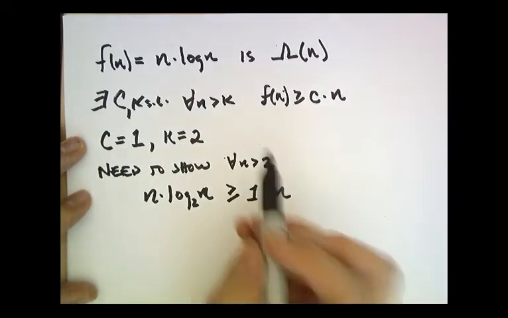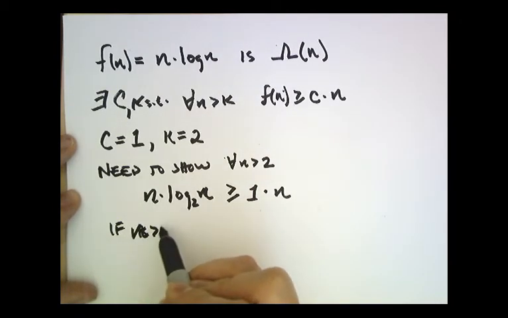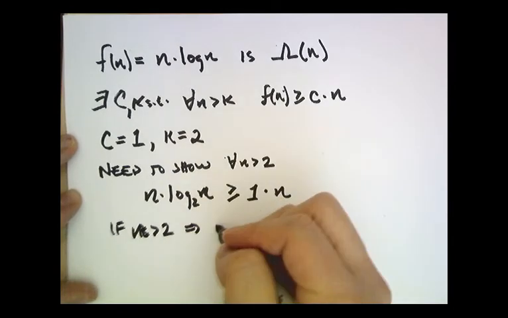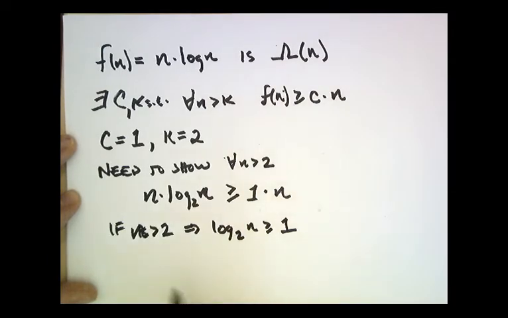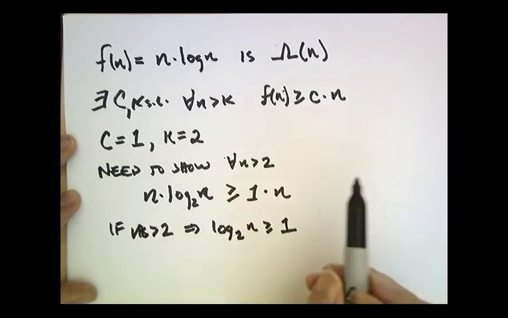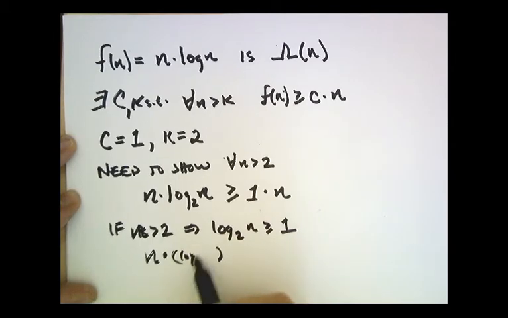But notice, if n is greater than 2, it implies that log base 2 of n is greater than or equal to 1. Right? If n equals 2, then log base 2 of 2 is 1. And log is an increasing function. So if we choose n to be larger than 2, it means log base 2 of n is greater than or equal to 1. So on the left-hand side, we have n times log base 2 of n, which is something bigger than 1. So log base 2 of n.